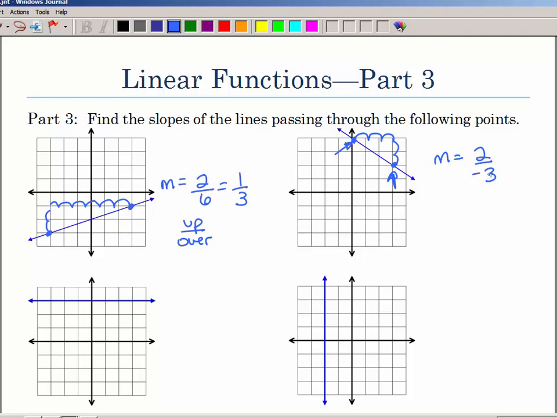Well, left is going to be negative, so my slope is negative 2/3. But you say, well, why would you want to do that? I want to pick those same 2 points, but I want to go down 2, and down is negative, but I would go right 3, which is positive. And notice, both of those are the same answer, negative 2/3.